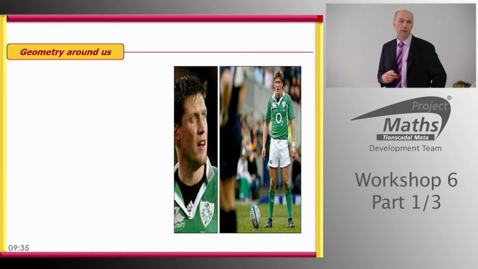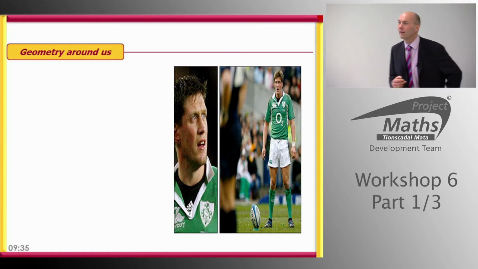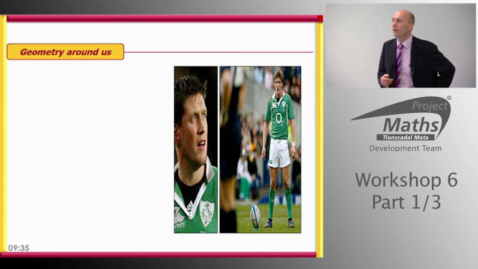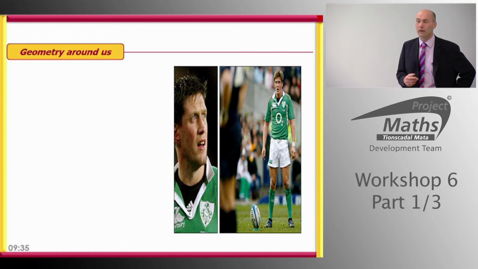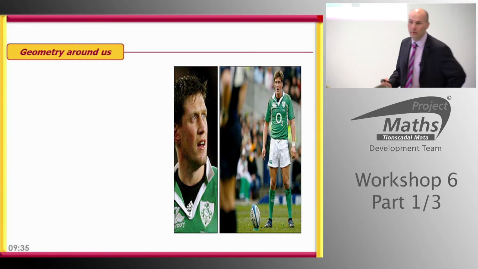Do you know this boy? Yeah, Ronan? Why is he up there? What does he do? So what happens here? Kicks. Okay, when he kicks it, what does he do? Steps back and steps to the side.